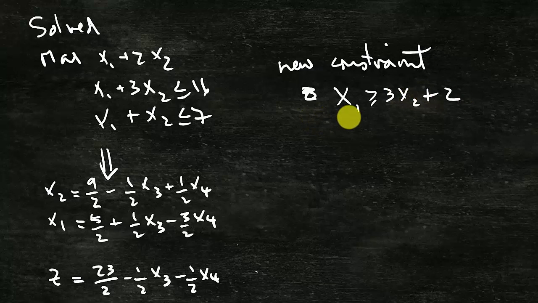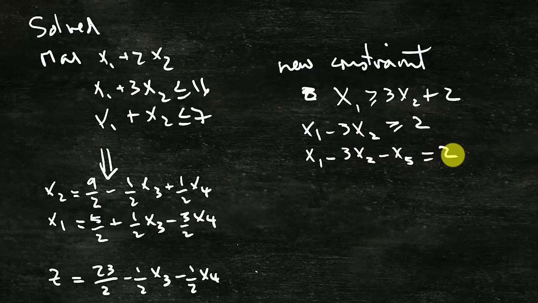And so therefore we have x1 minus 3x2 is greater than or equal to 2, and then we add a surplus variable, which is x1 minus 3x2 minus x5 is equal to 2.